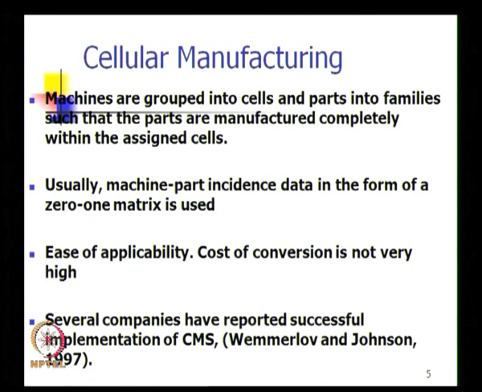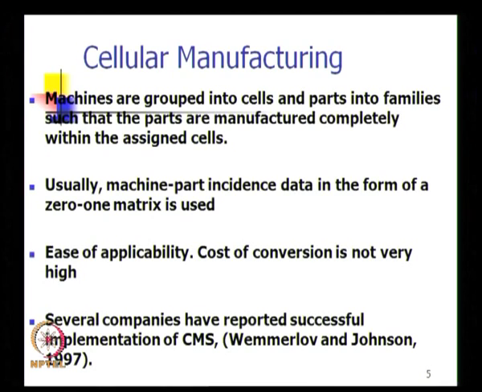So, the challenge is to create these machine cells such that they are independent, all the machines required to make each and every part in the part family are available in the machine cell, and the machine cells have enough capacity to meet the volume of production. So, the biggest challenge or the first challenge is to create these machine cells and part families.